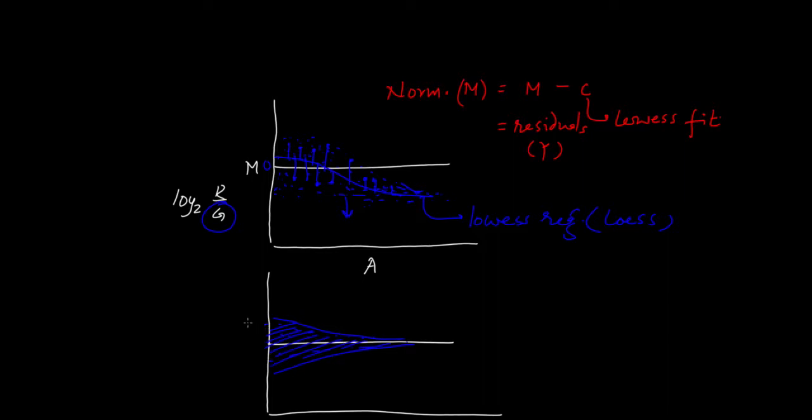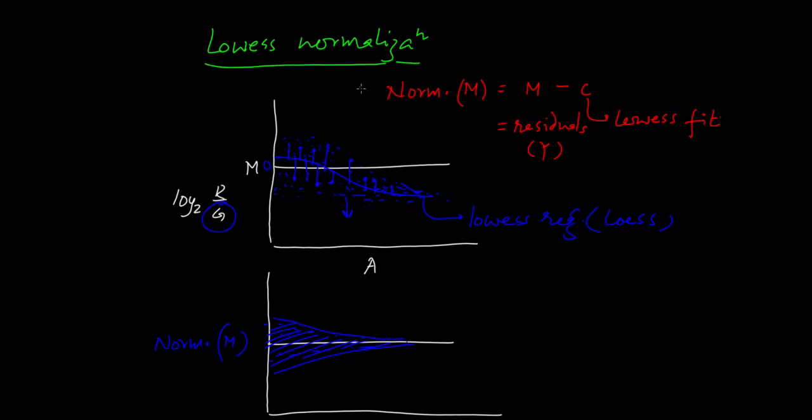So this is now your normalized M, right? This is called Loess normalization. This is very popular in genomics. There are various scenarios where we fit the Loess normalization, get the residual, that is your normalized data.